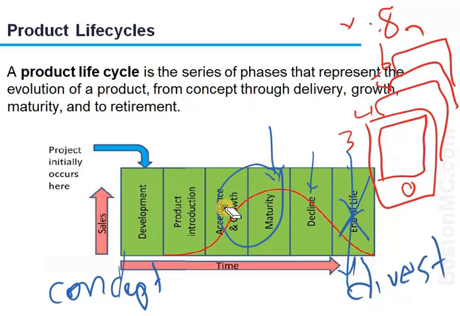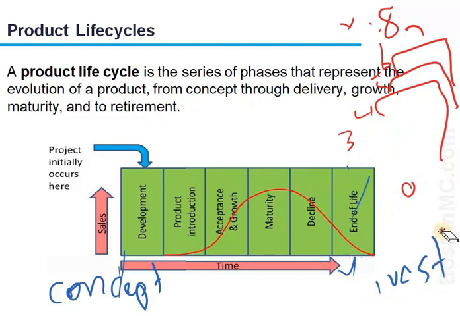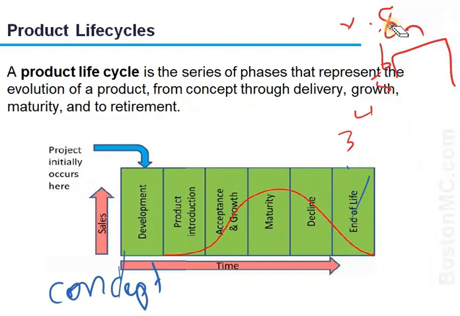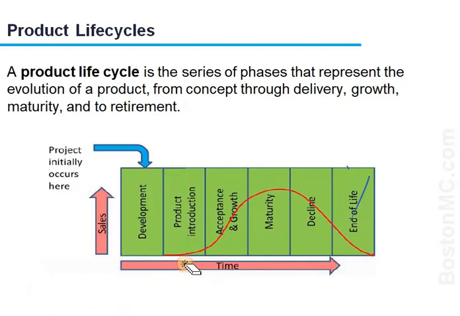Okay. Now, one thing to note about product life cycles is that within that product life cycle, there's going to be multiple project life cycles. Remember the example of the iPhone. With every release of the iPhone, a project is started. If you're going to enhance anything about the iPhone, a project is started.